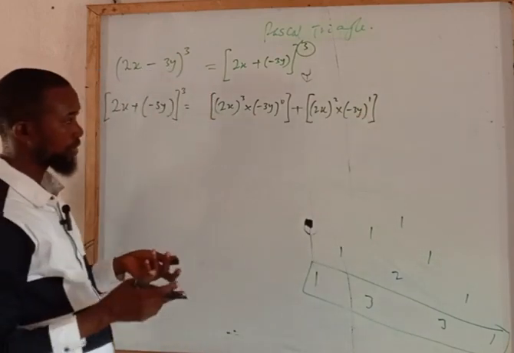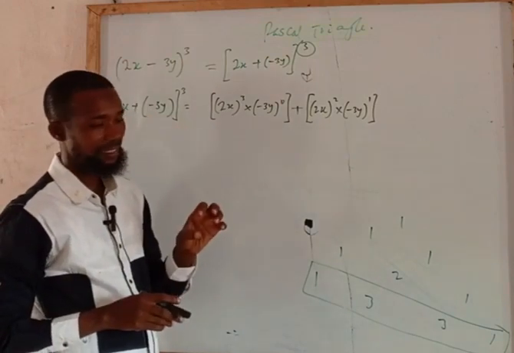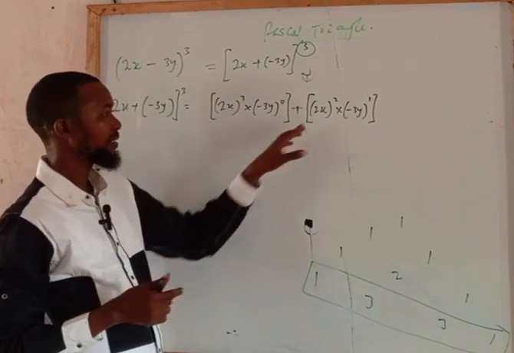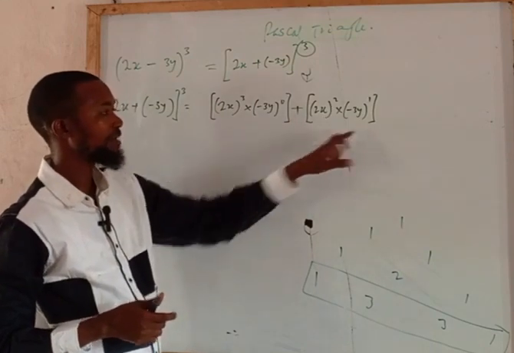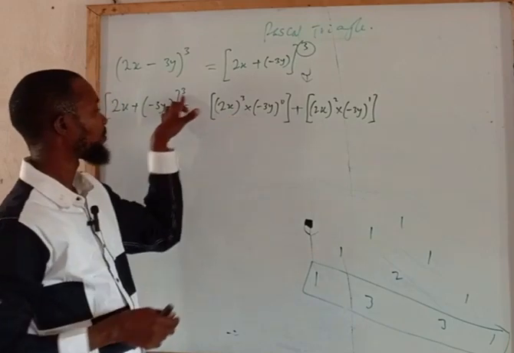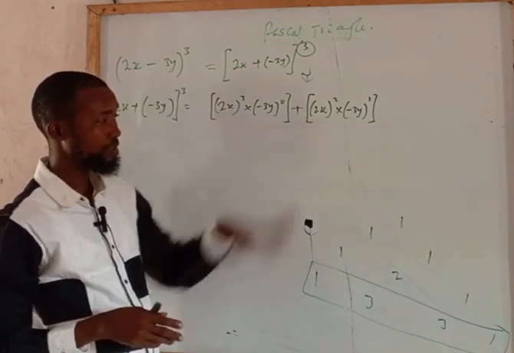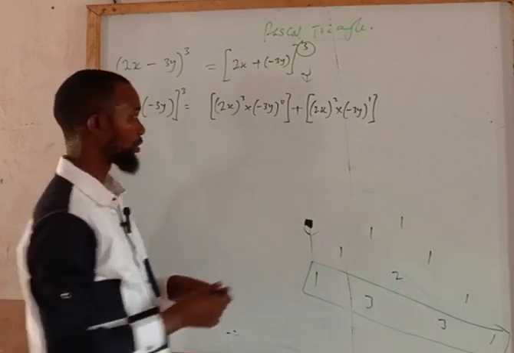Now the expansion will continue. For what reason? Because our target is a situation whereby this first one has the power of 0, and this one has the power of 3. Since I've not gotten to the target, the expansion will continue.